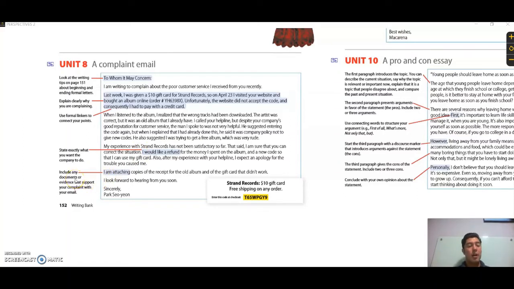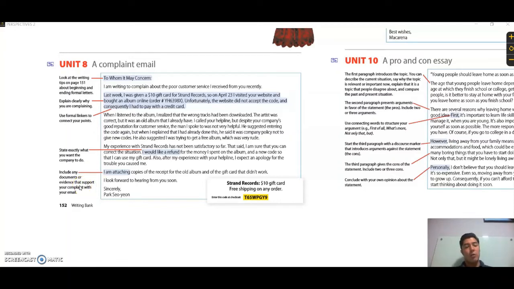Then the next part says, include any documents or evidence that supports your complaint with your email. In this part you have to attach some photos or maybe a video about the problems you had with the product. Maybe you open the product and you see that it is broken or is missing some parts, so you have to take a photo or a small video in order to send it and to have evidence.